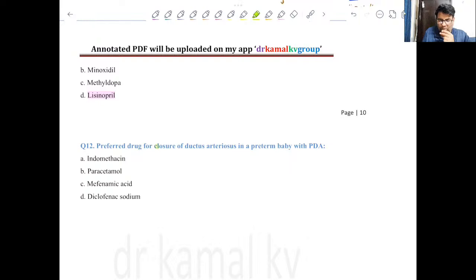Preferred drug for closure of patent ductus arteriosus in a preterm baby. So a preterm baby is born and there is patent ductus arteriosus.